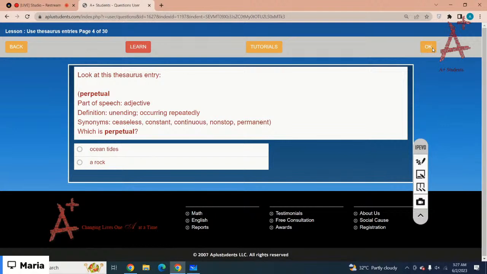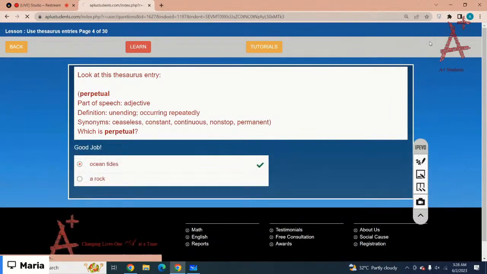Ocean tides or a rock which repeats itself again and again? So, which is perpetual? Yes, the ocean tides. They come and go again and again.